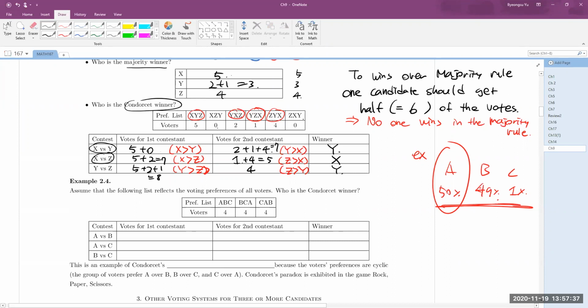Is it good? Then you can see that in this contest, Y wins X, and also Y wins G, right? And there are only 3 candidates, and Y wins against each of the other candidates. So in this case, we say that the controversial winner is Y.